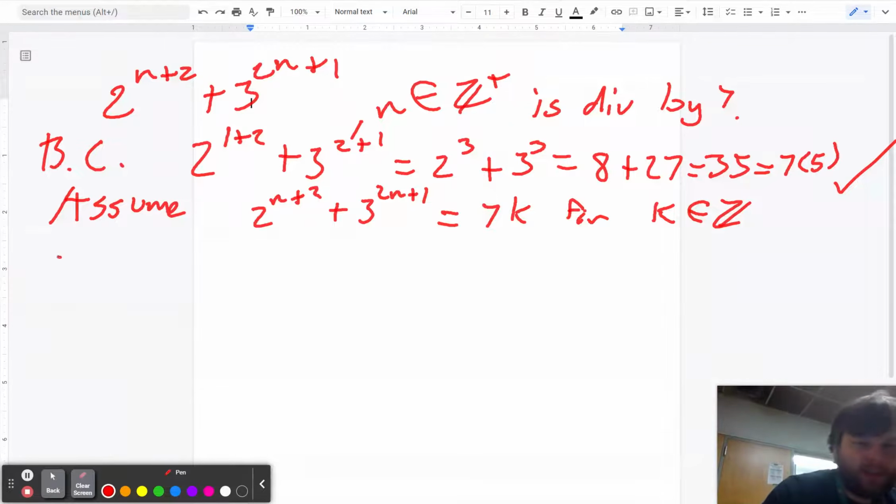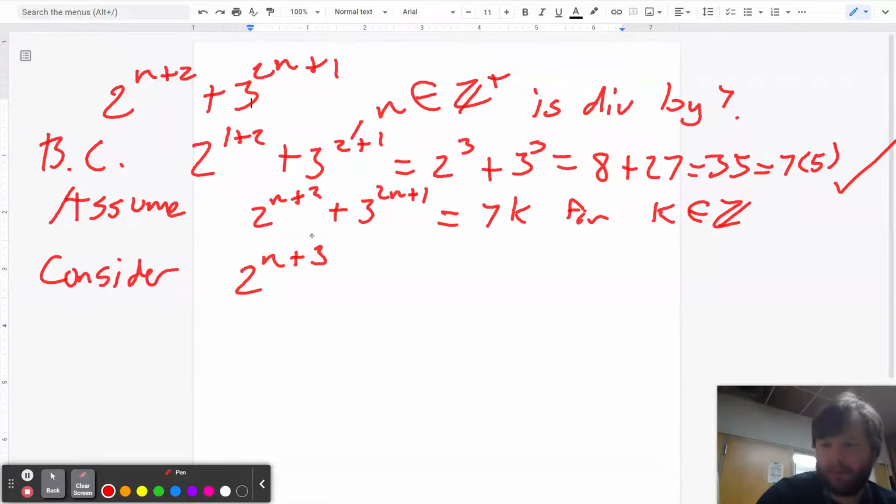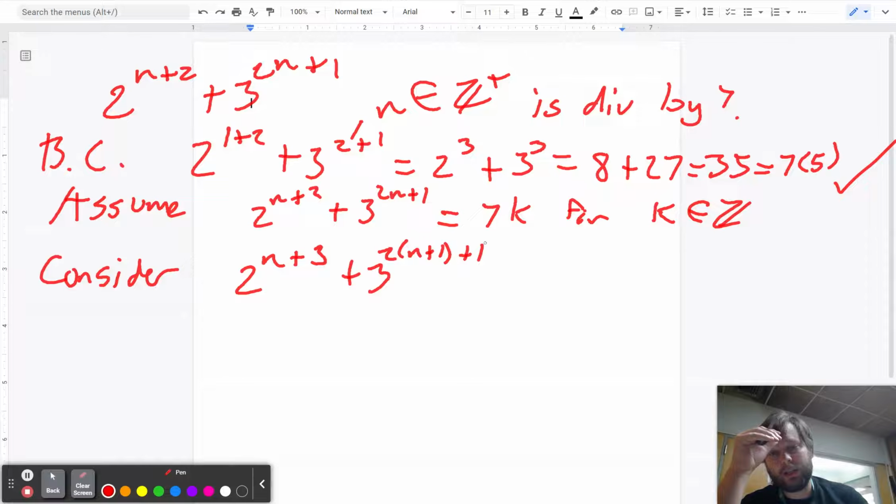So then consider the n plus 1 term. So that's going to look like this. 2 to the n plus 3, because we were at n plus 2, we're looking at the next term, plus 3 to the 2 times n plus 1 plus 1. Notice I did it inside the parentheses because I'm looking at the next term when n becomes n plus 1.